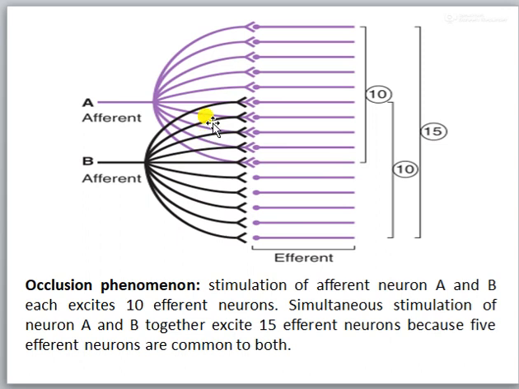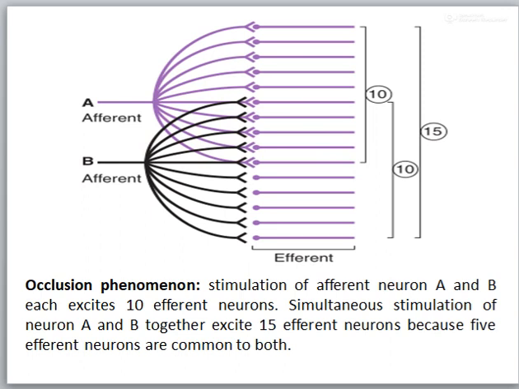If there is simultaneous stimulation of A and B afferent neurons, then it excites only 15 efferent neurons, because 5 neurons are common to both A and B afferent neurons. So it is called occlusion phenomena.